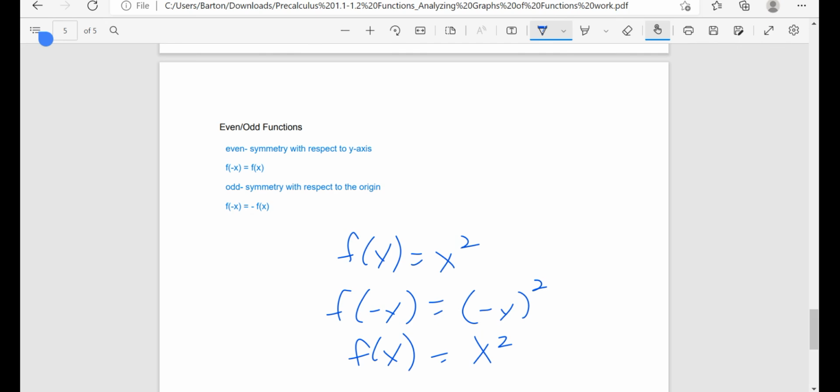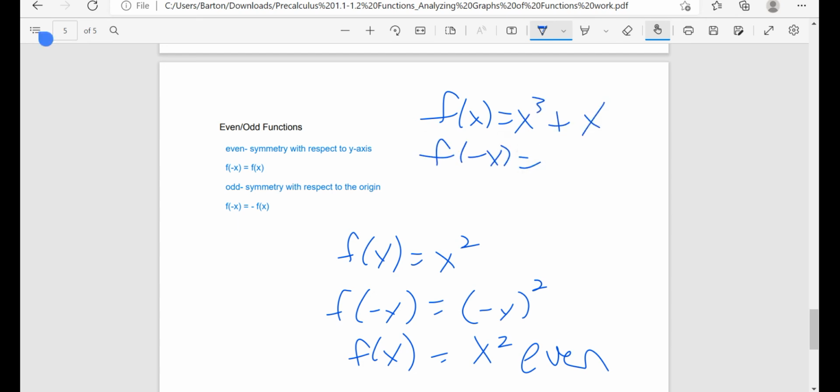So since it's the same function, look at your even odd rules. It says even, when we put negative x everywhere there's an x, and we get the same function, it's going to be even. So in this case, it is the same function, so it's going to be even. Now, if everything is the opposite, let's say I have f of x equals x cubed plus x, and I put in negative x everywhere.